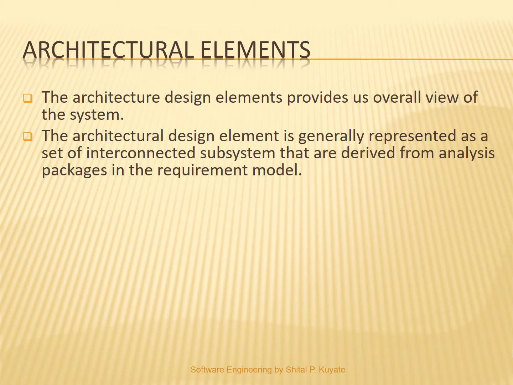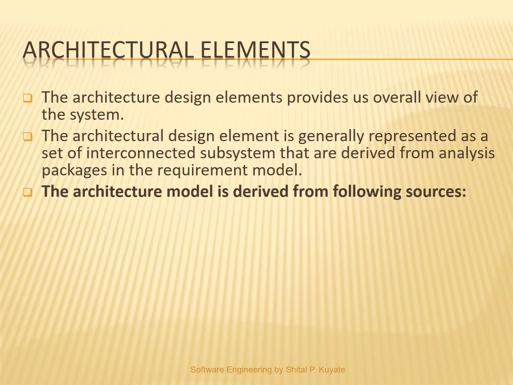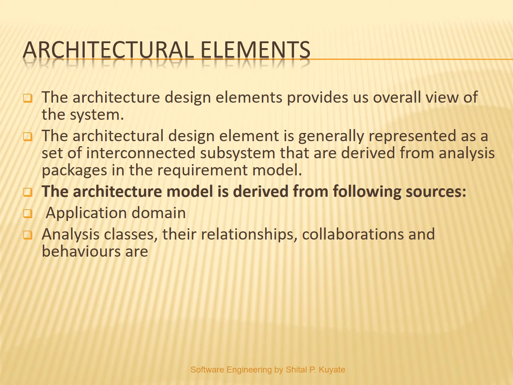Architectural styles and design patterns help to achieve the requirements defined for the system. The architectural model is derived from the application domain, and analysis classes, their relationships, collaborations, and behaviors are the sources of the architectural model.